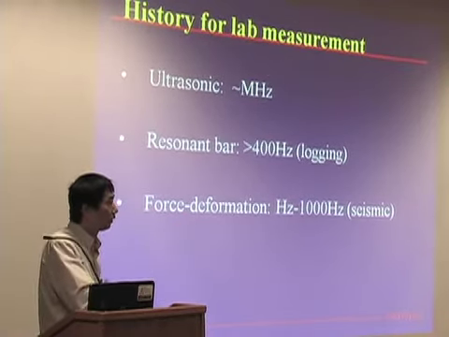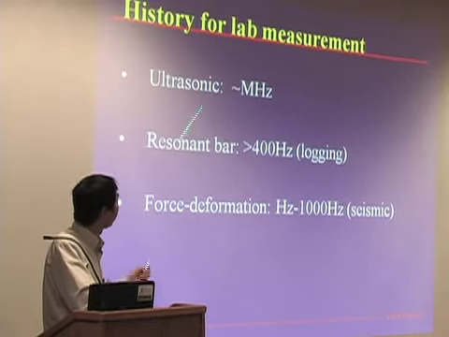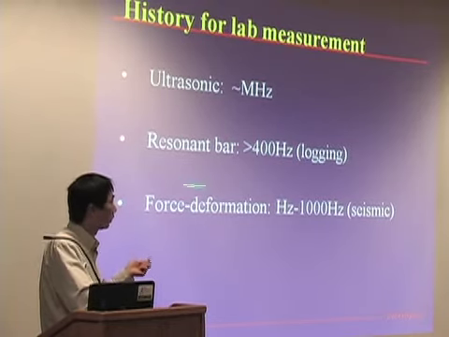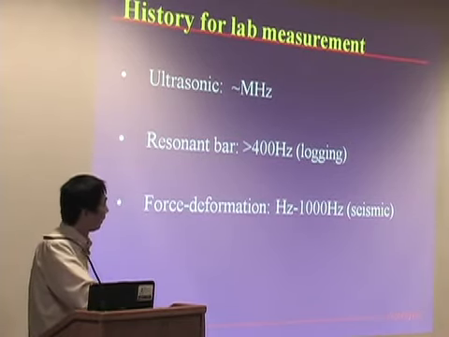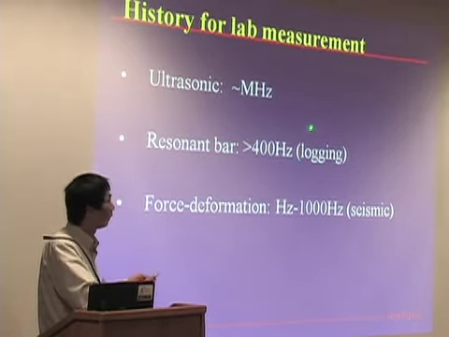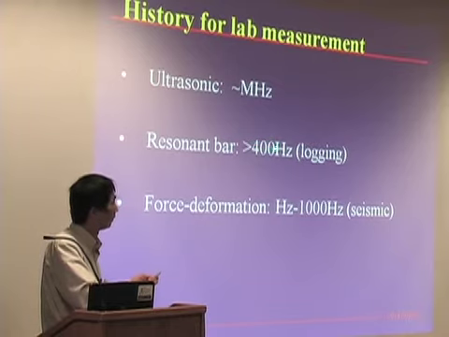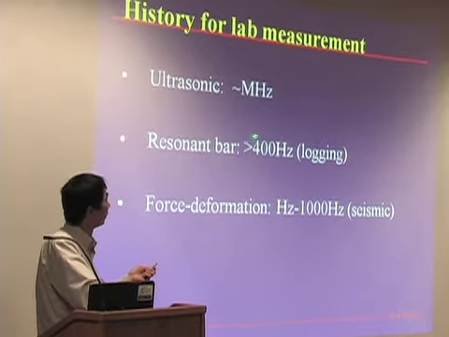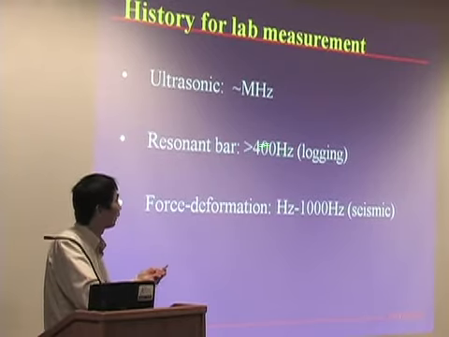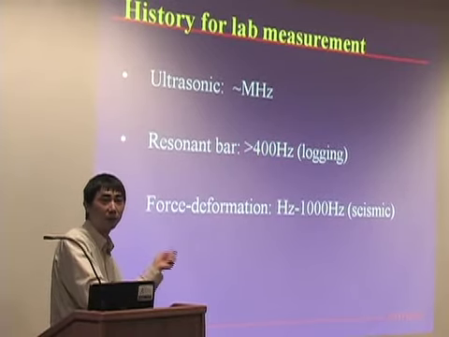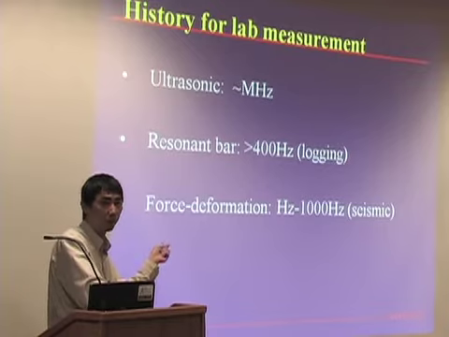Back in the 1980s, a bunch of experiments tried to go to low frequency using the technique of resonance bar. There are a couple of limitations, the most important being that the lowest frequency never goes below 400 hertz, so it doesn't really go to the seismic frequency.